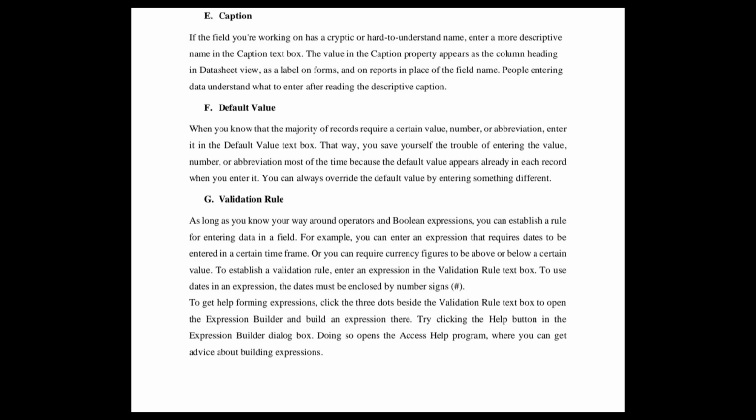To establish a validation rule, enter an expression in the validation rule text box. To use dates in an expression, the dates must be enclosed by number signs. To get help forming an expression, click the three dots beside the validation rule text box to open the Expression Builder and build an expression there.